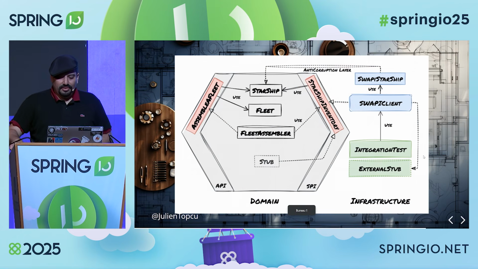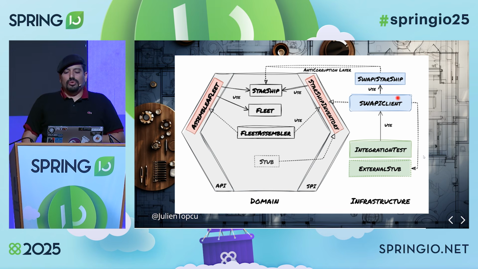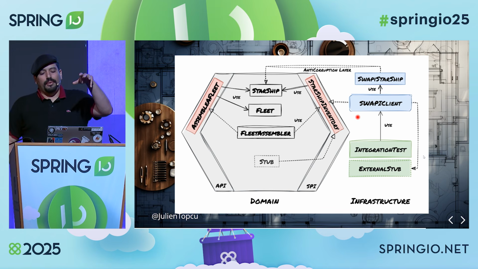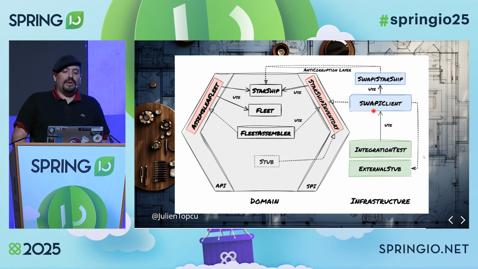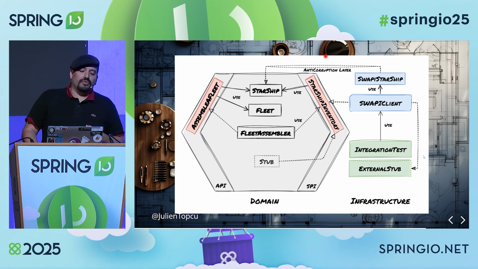So here we've created an integration test to shape our Swappy client, mock server, and so on. But that Swappy client has to comply with the contract of the domain Starship inventory, which depends on Starship of the domain. So all the weird choices of Swappy will never contaminate the domain. It will remain here in that adapter, which represents the structure of Swappy, the Swappy Starship here, that client will have to convert into the Starship of the domain.